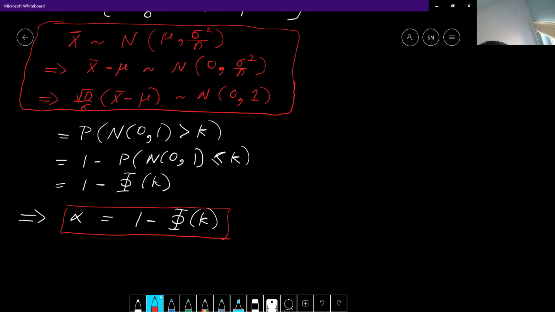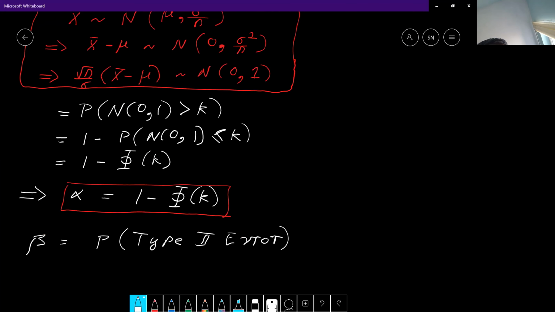Now the next thing we need to work out is beta. To find beta, which is the probability of type 2 error, remember, it is defined as the probability of accepting H0 when H1 is true, which is mu greater than mu0.